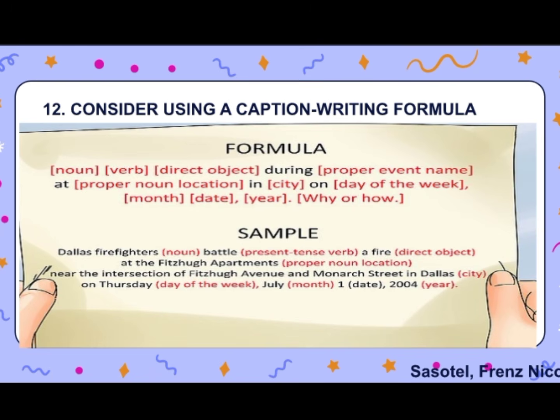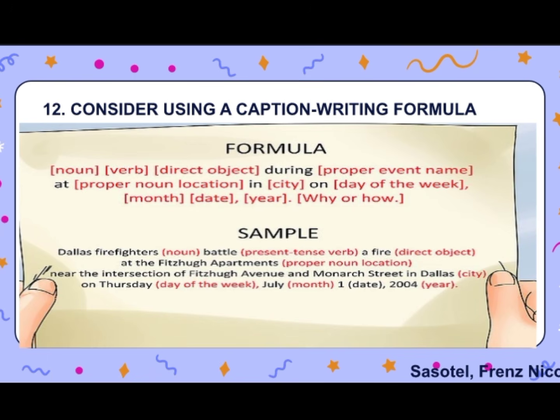This is the example caption using the formula. Dahlia's firefighters is a noun, battle is a present tense verb, a fire is a direct object, at the Fitzhugh Apartments is a proper noun location, near the intersection of Fitzhugh Avenue and Monarch Street in Dahlias is a city, on Thursday is a day of the week, July is a month, 1 is a date, and 2004 is a year.